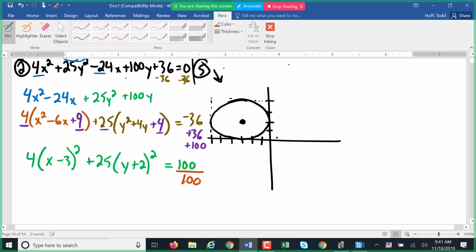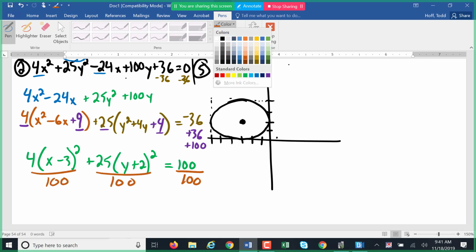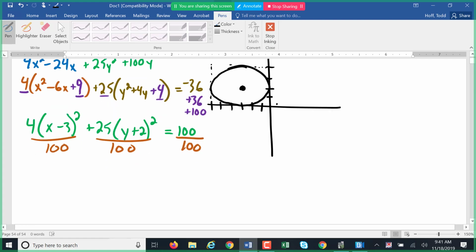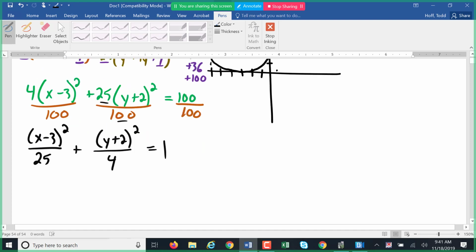So I'm going to divide each of these by 100. The 4 and the 100 in the first one cancel out to give us 25 on bottom. So that's x minus 3 squared over 25. Here the 25 and 100 cancel out to give us 4 on bottom. So y plus 2 squared over 4. And of course 100 over 100 is 1.